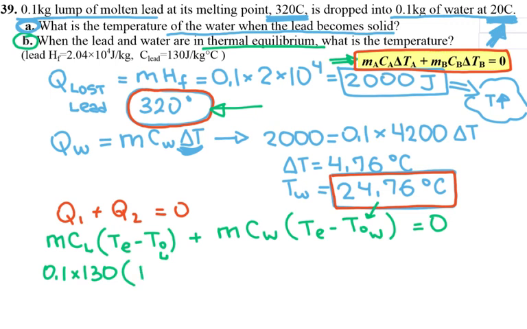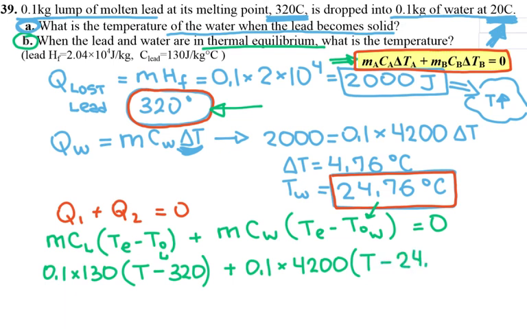And the final temperature, I'm just going to keep as T for now, minus 320, which is the initial temperature of the lead, and then plus 0.1 times the specific heat of water, 4200, and then the final temperature of them both minus the initial temperature of the water, which is 24.76. And that is equal to 0.